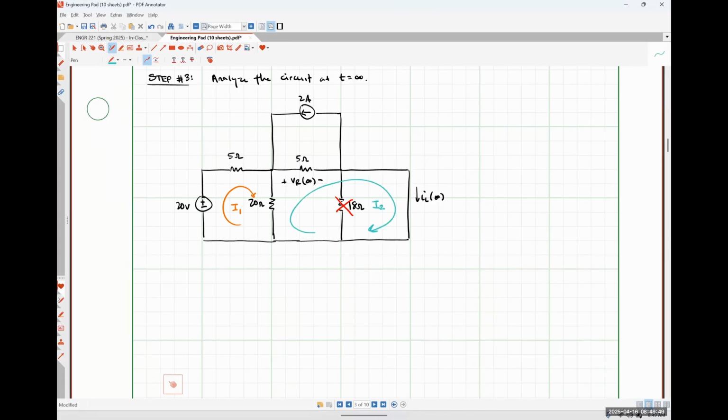This is mesh current I2. I'm choosing to lump those two boxes together because I know that no current is going to flow through that 18 ohm resistor. So it's effectively behaving like an open circuit. And this guy up here will be I3.